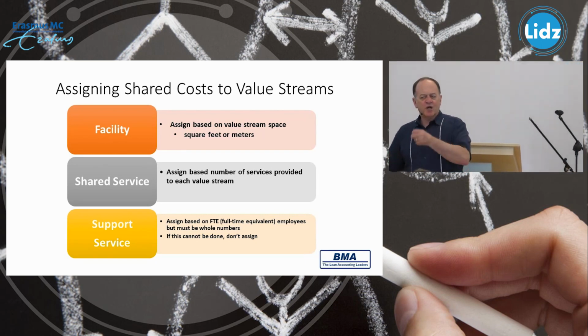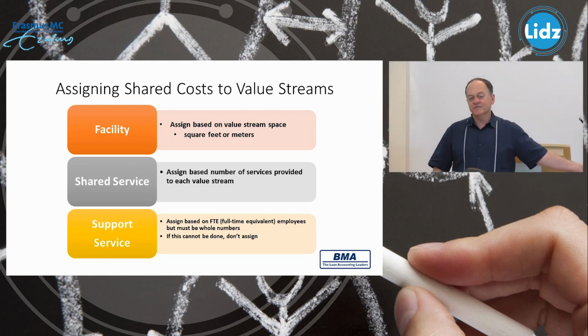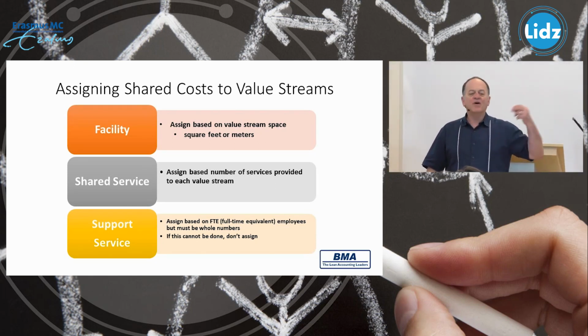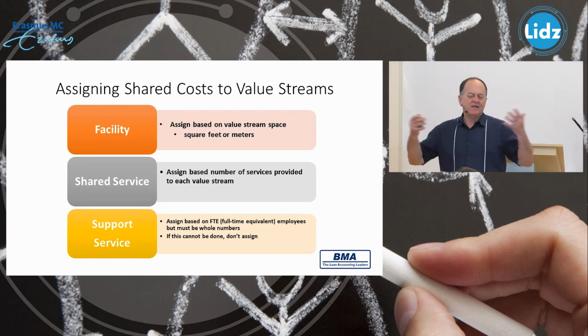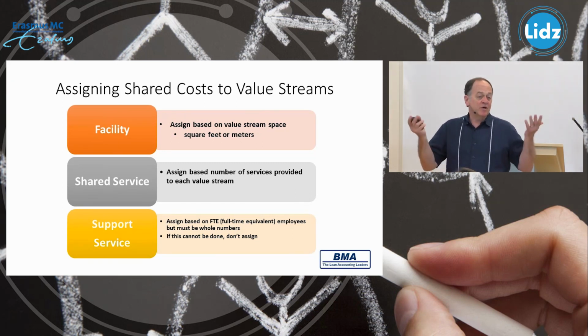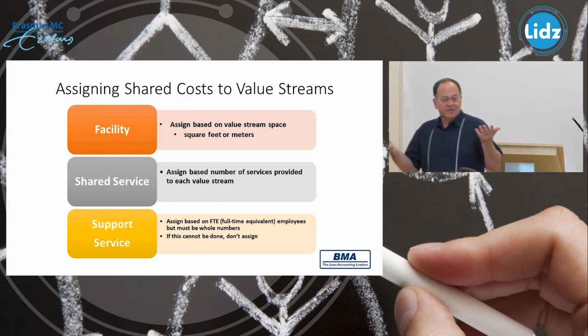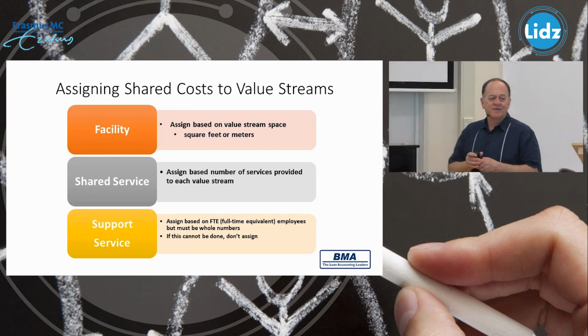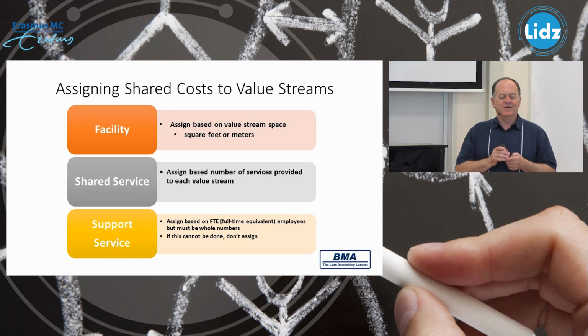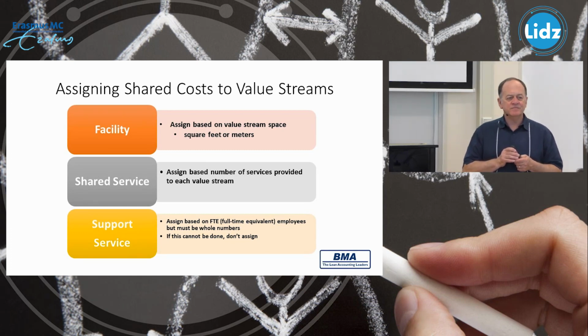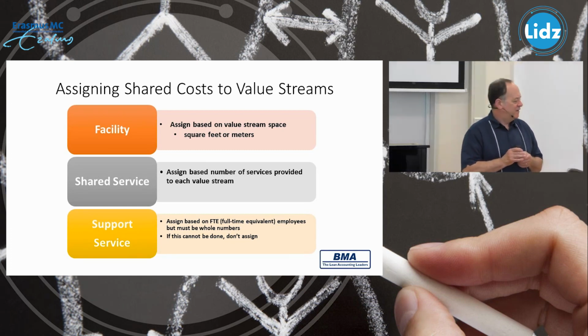And you start with, why are we assigning the cost? How often? If we're looking at financial statements once a month, we just need to assign the cost once a month. You can't really change the cost of the amount in square feet or meters.